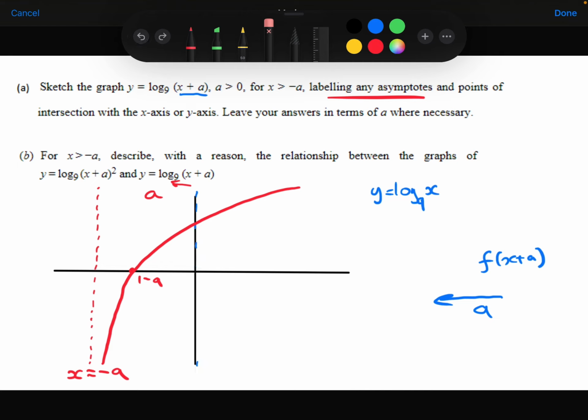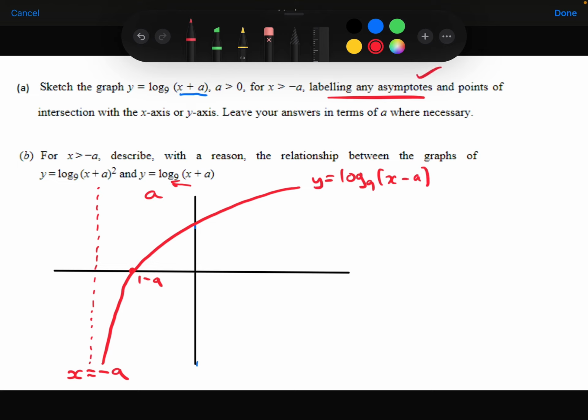Just trying to tidy up, getting rid of the original function here. Right. So I have now drawn the graph of y equals log base 9 of x plus a.